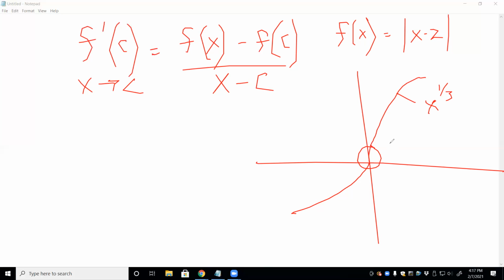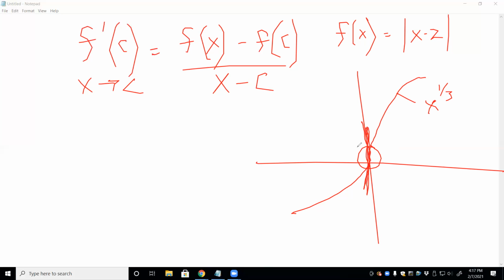It's still a function, incidentally, because it does not violate the vertical line rule. In other words, x to the 1/3 is absolutely a function. The only thing is it's not differentiable where it has a vertical tangent line. And it has a vertical tangent line right there. If I were to draw a tangent line through there, that's what it would look like.